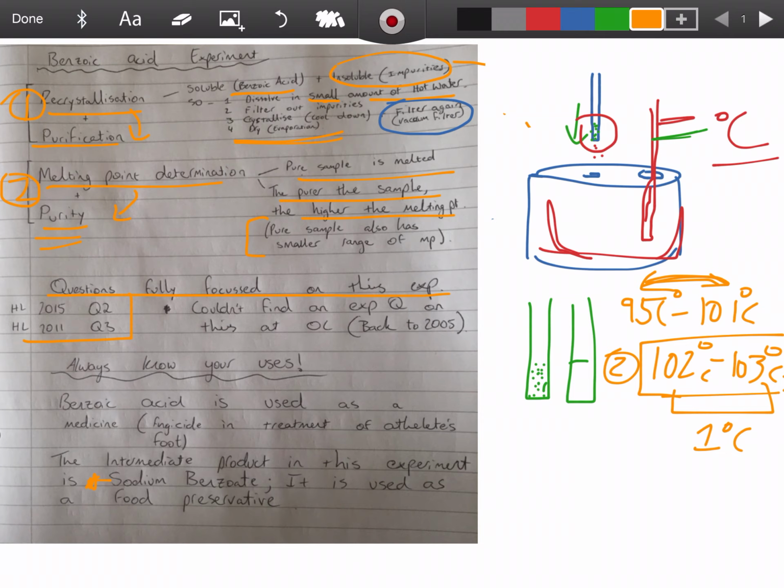There is no instance of this experiment coming up on the ordinary level exam papers based on what I could see. I went as far back as 2005. Have another look yourselves. If you find one, let me know so I can tell the rest of the group, but I couldn't spot one myself.